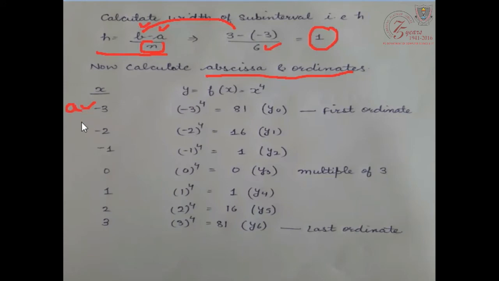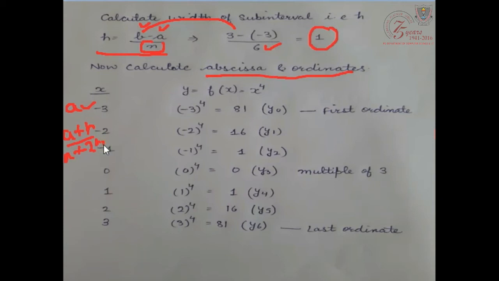For the second abscissa value, we will add the value of h to a, and we get minus 2. For the next abscissa value, we will add 2h to a, and by calculating this value, we find minus 1.